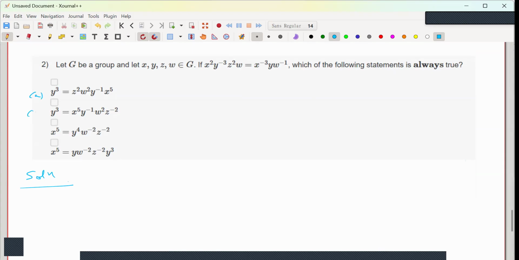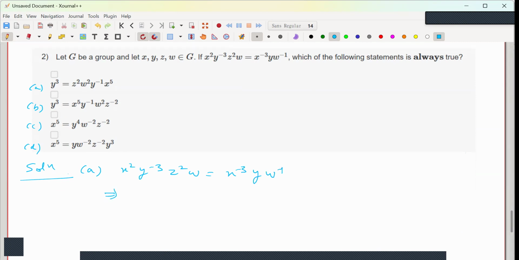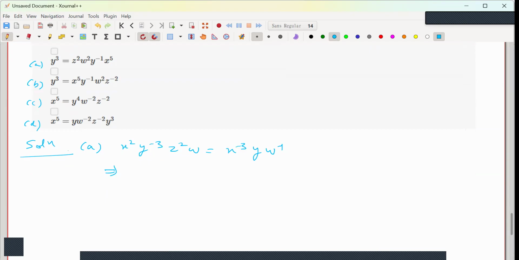So let me first see, y of a is there. Clearly you have x square y minus cube z square w to be x minus cube y w inverse. So you just need to do a little bit of shifting of variables and you will get it.